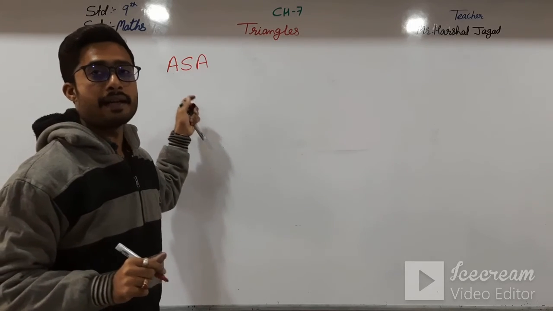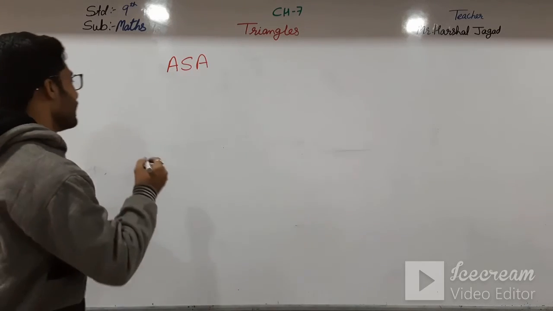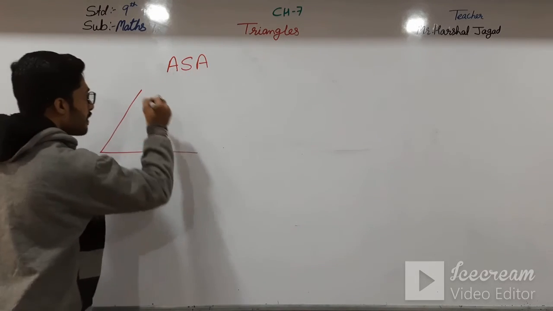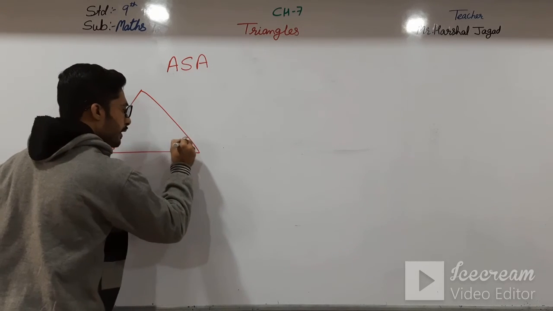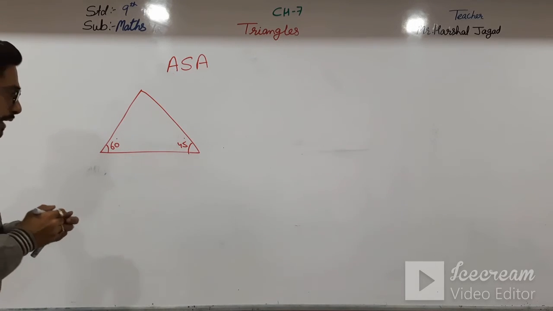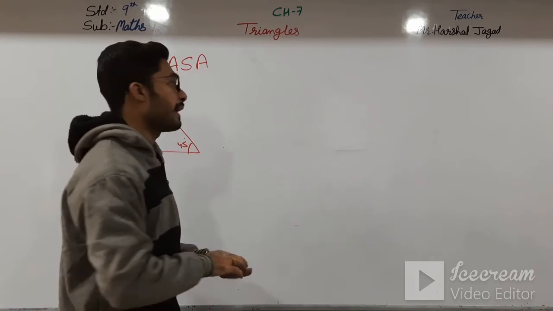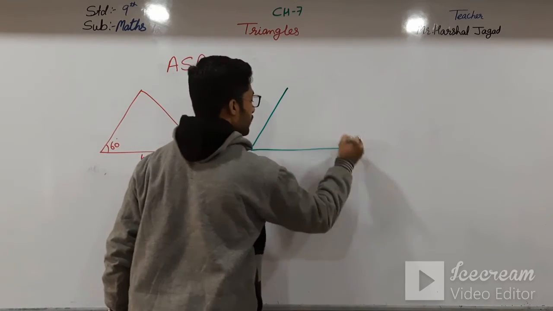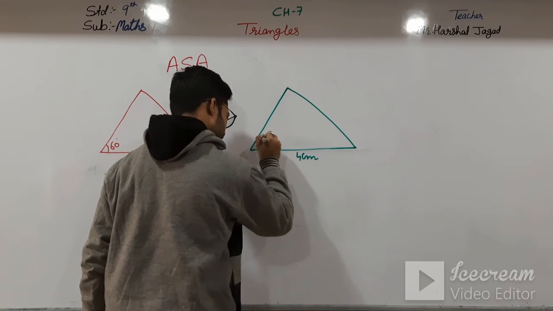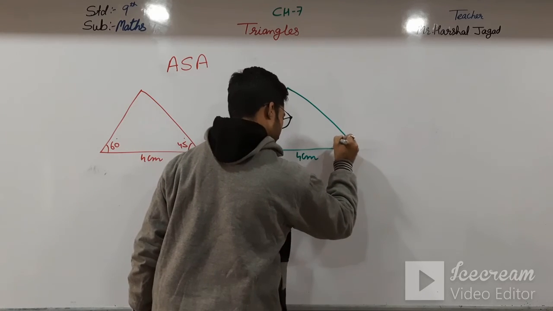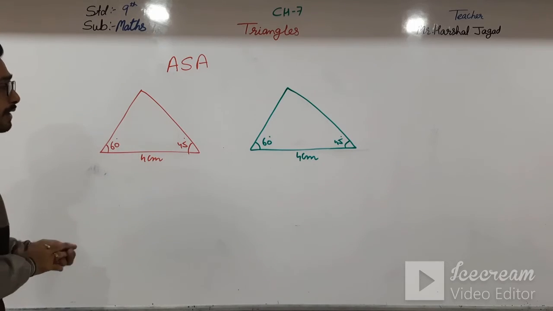Before that we have seen SAS, side angle side. This is angle side angle, means if two angles are given, if I say that this is 60 degree, this is 45 degree, and here the line is of 4 centimeter, and another same triangle has a 4 centimeter side with 60 degree and 45 degree angles, then what will happen?